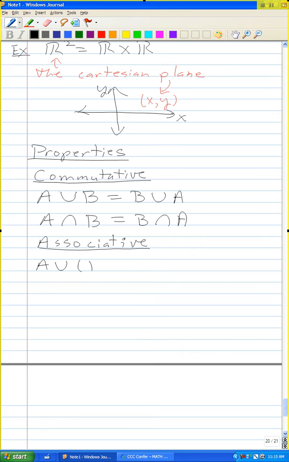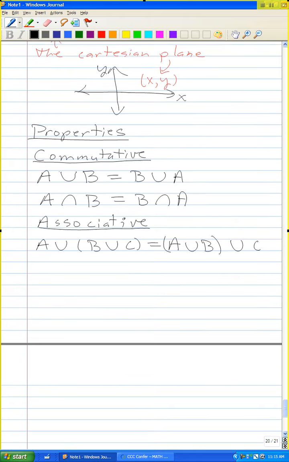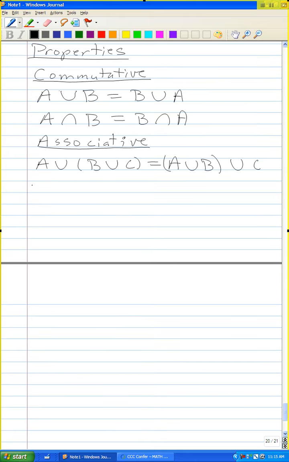A union B union C is the same as A union B union C. A intersect B intersect C is the same as A intersect B intersect C.